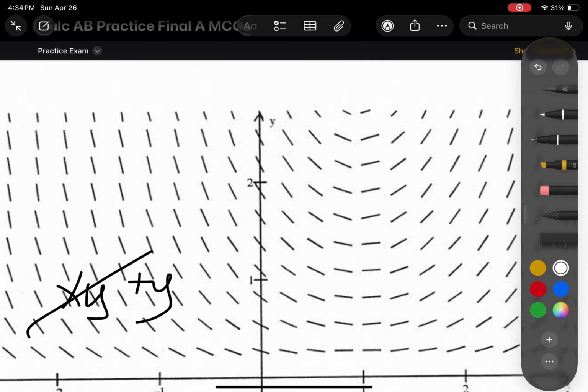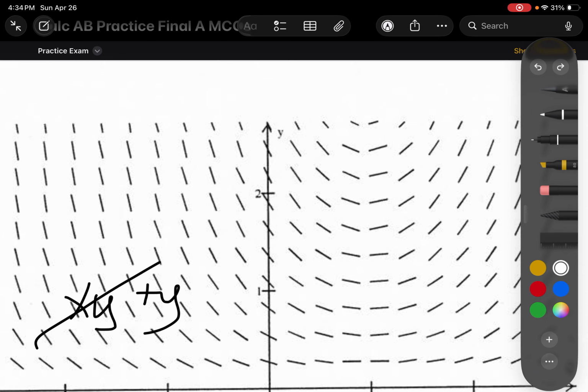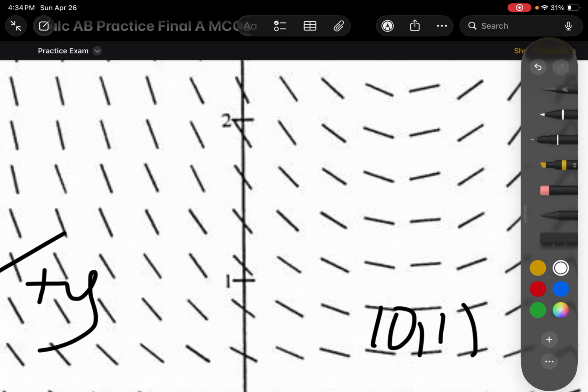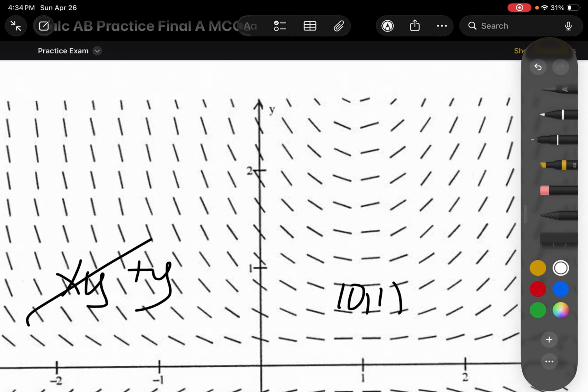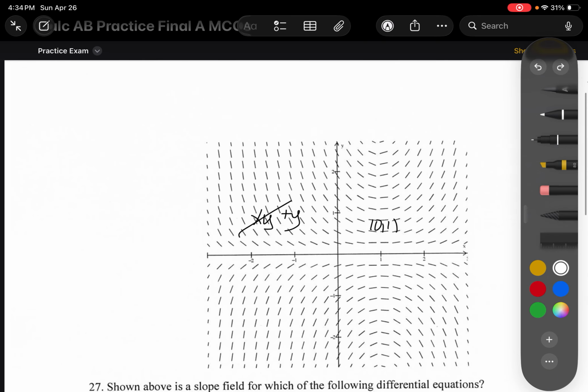We're going to look at this pole right here. At 0 comma 1, is the slope positive? No, because the slopes are decreasing. It's going to be negative. So we can immediately cross off that option.